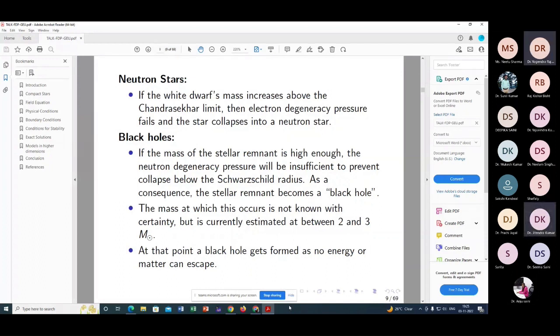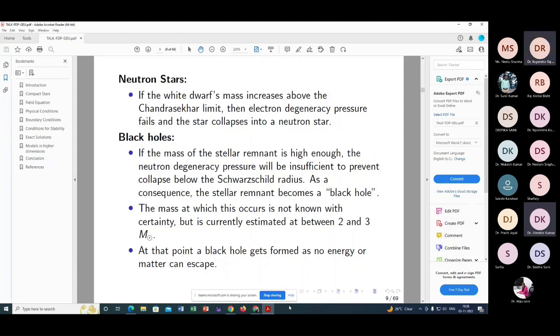So once the star's pressure is not sufficient to counterbalance gravity, a catastrophic implosion occurs within a fraction of milliseconds. The escape velocity at the surface quickly reaches the velocity of light.